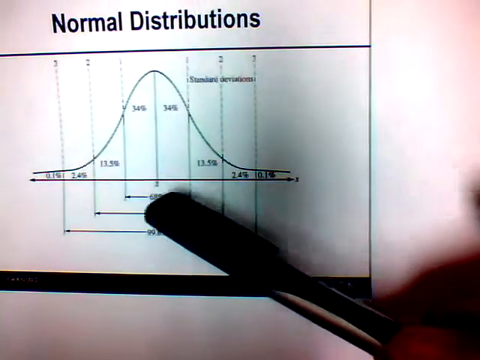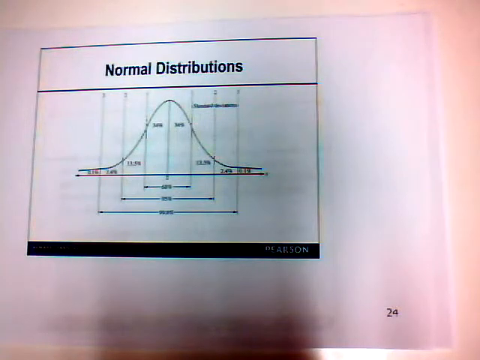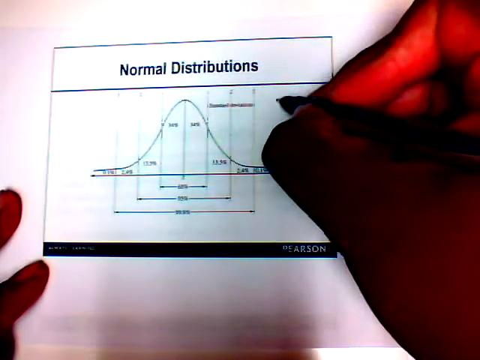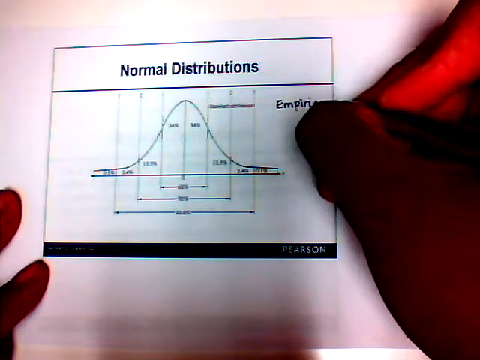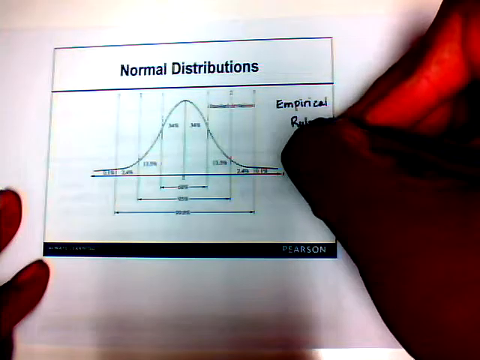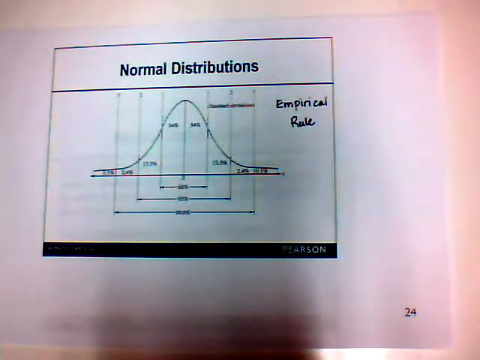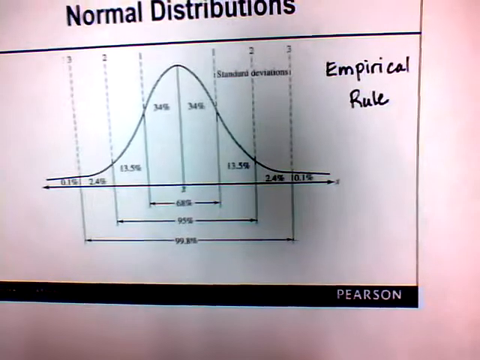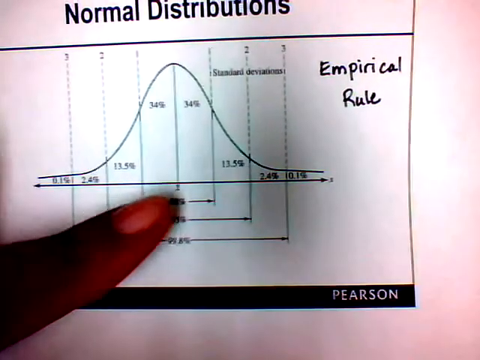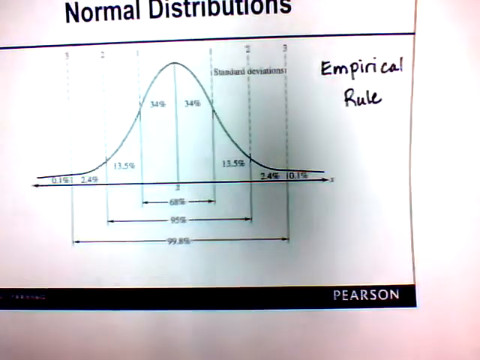That's basically what this is. Sometimes they call this the empirical rule for a normal curve. Okay, the empirical rule is this: 68% of the data values lie within one standard deviation of the mean.